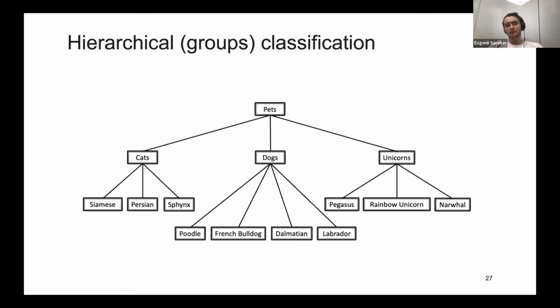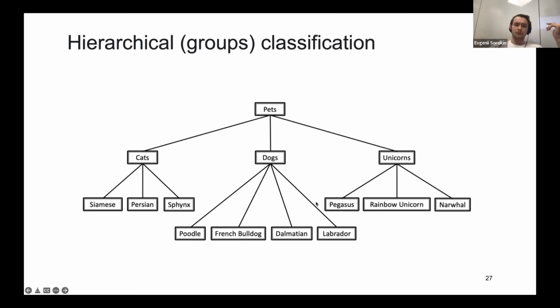So if we use hierarchical group classification, we need to make higher order groups which will combine classes that usually occur together. So if you select a single group, it will be much easier for the second classification to select between 3 options, but not between 11 options. That is the idea.